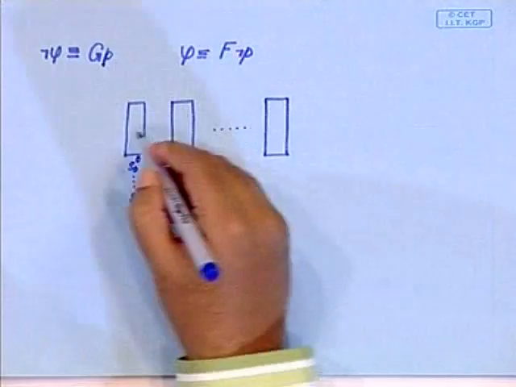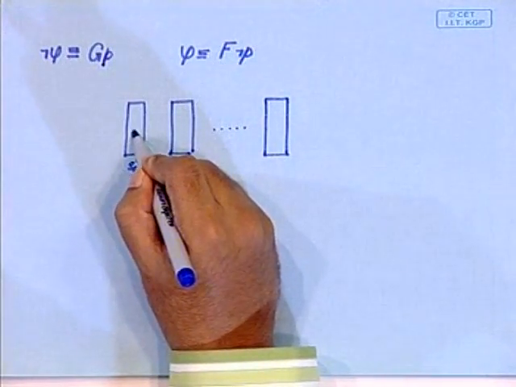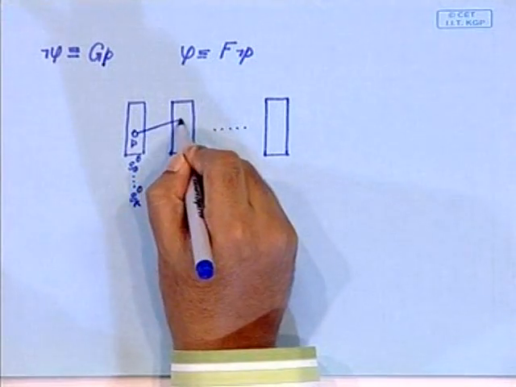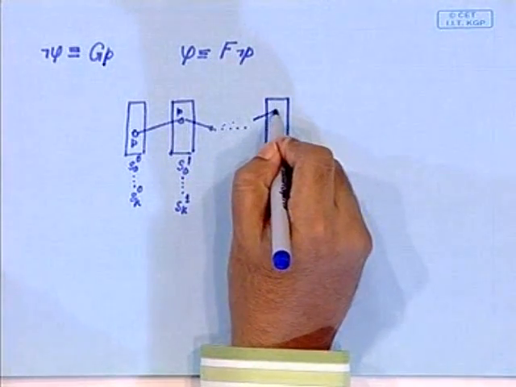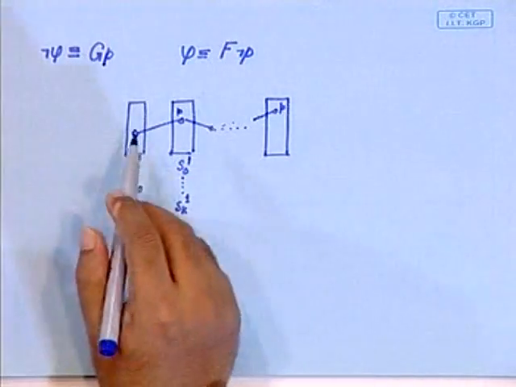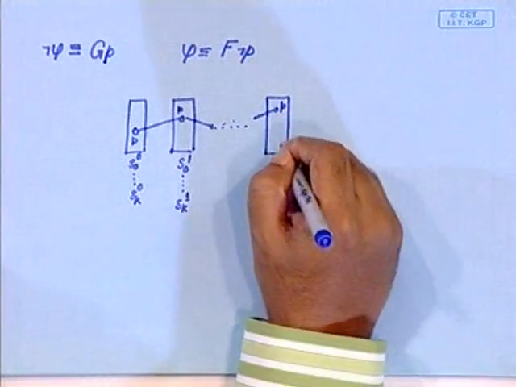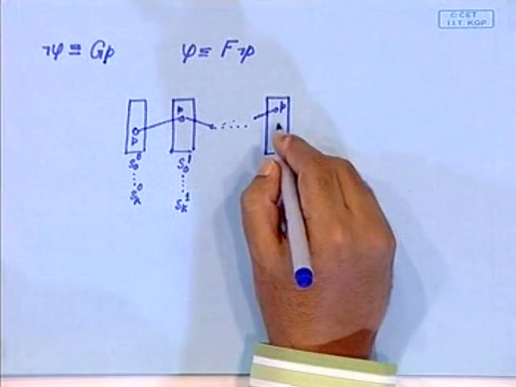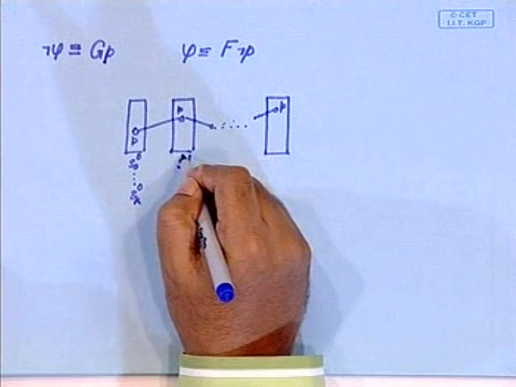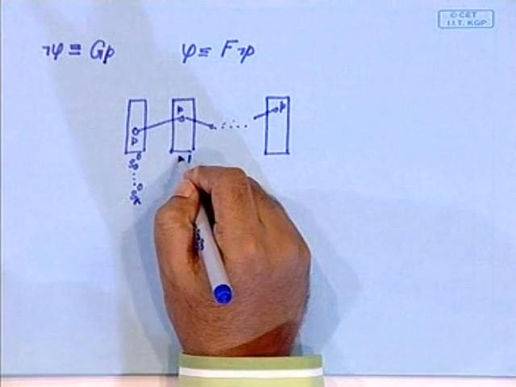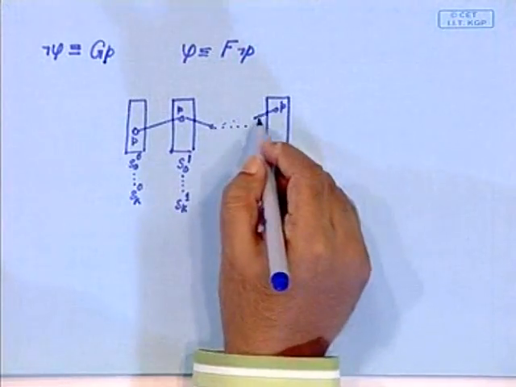Now at every point, can we say that we have found a witness for GP? If you have found a trace where P holds here, P holds here, and then P holds here, you still haven't found a witness for GP. But if you can show that there is some state here which is equal to some previous state, then what have you done?